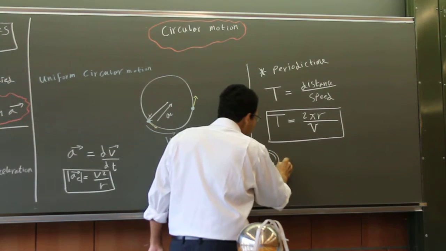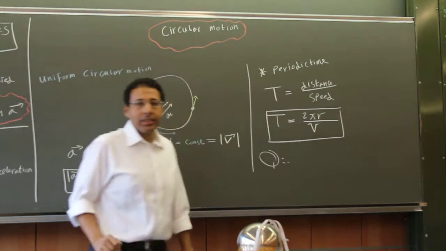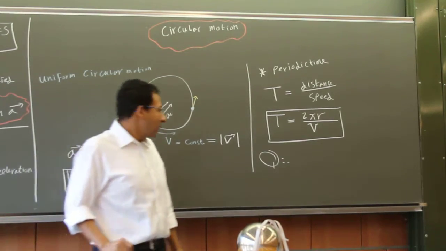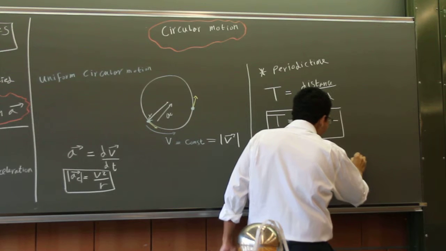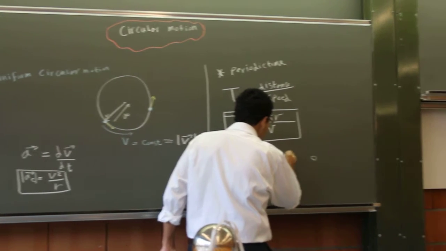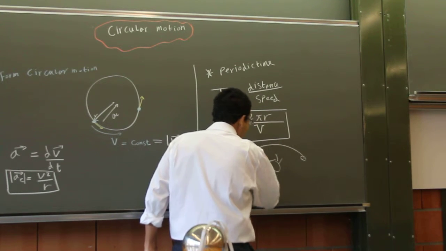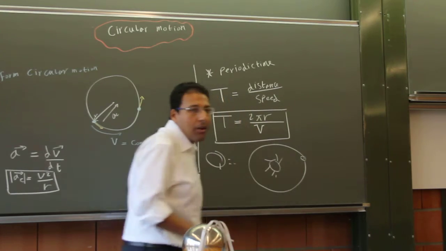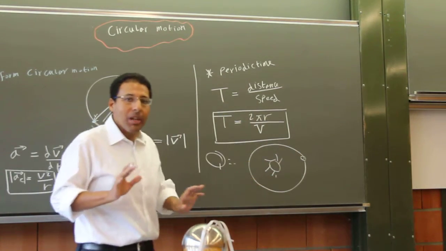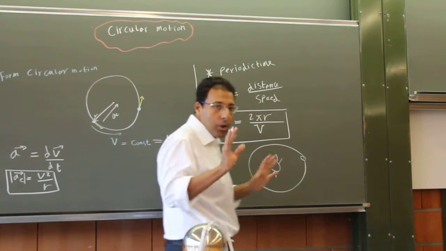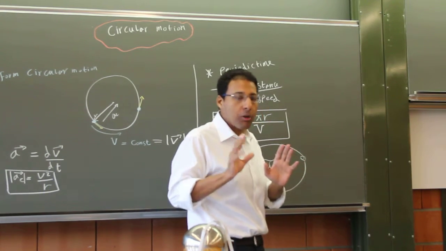So now let me give you a question. Okay, we know that the Earth circles the Sun. This orbit is not exactly circular, but we will assume for simplicity that it is circular.